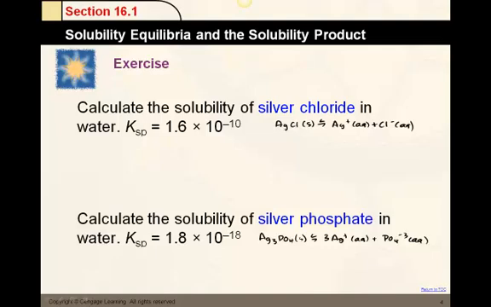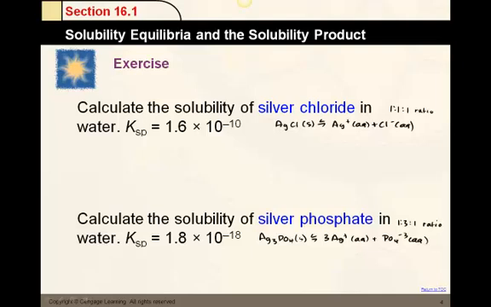Alright, now essentially what we're trying to do is figure out what is the solubility of silver chloride. You can see that the concentration of silver ions and chloride ions in silver chloride is a 1 to 1 ratio. Down here, it's a 3 to 1 ratio.